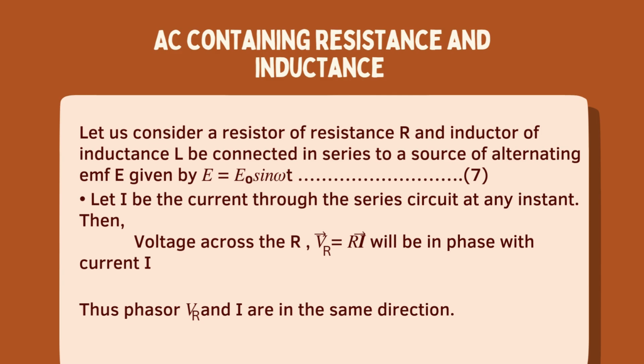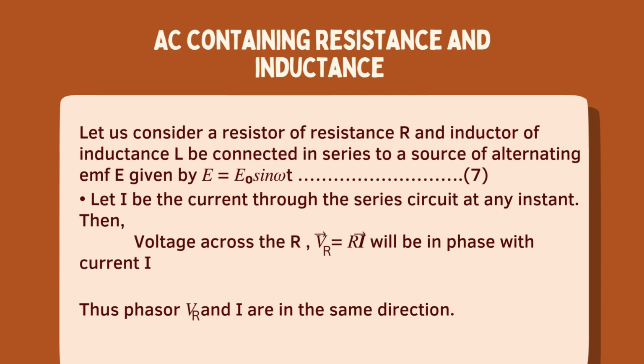Then the voltage across R will be equal to V_R equal to Ri. This voltage will be in phase with current. As we have studied in the previous slide about the resistive circuit, in which we have seen that the voltage and current are in phase with each other.